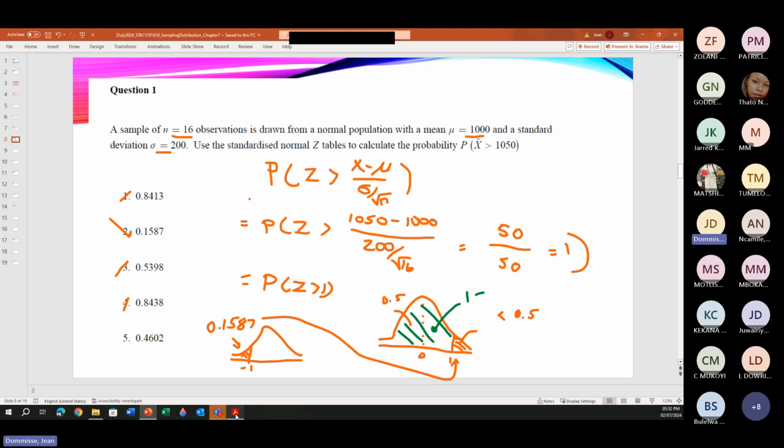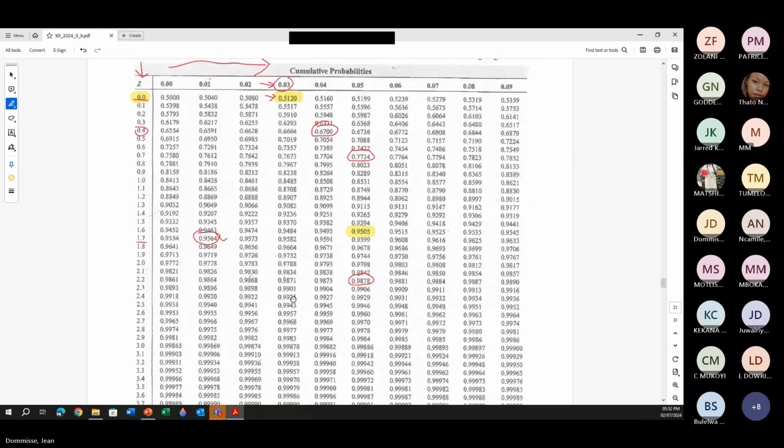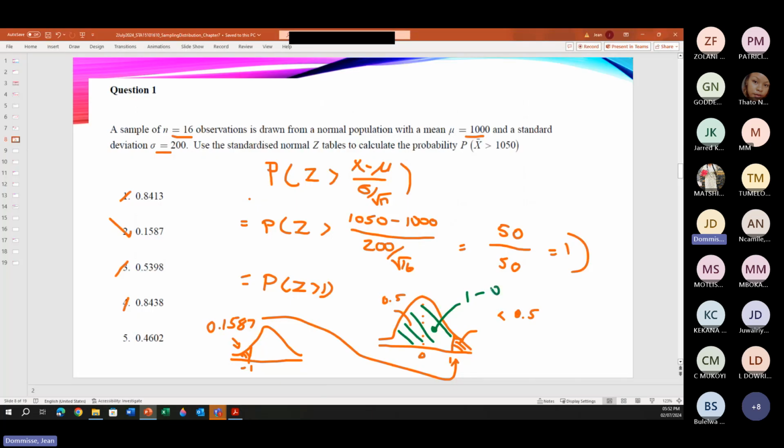So we go to the positive table, go to +1, 0.8413. If we subtract 0.8413, we get the same answer, which is 0.1587.